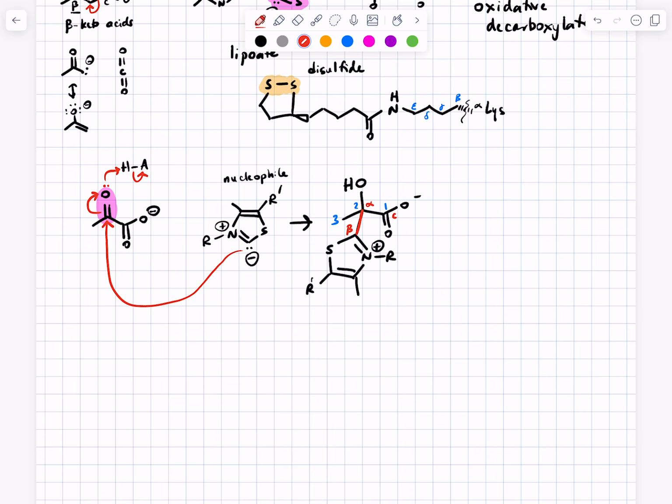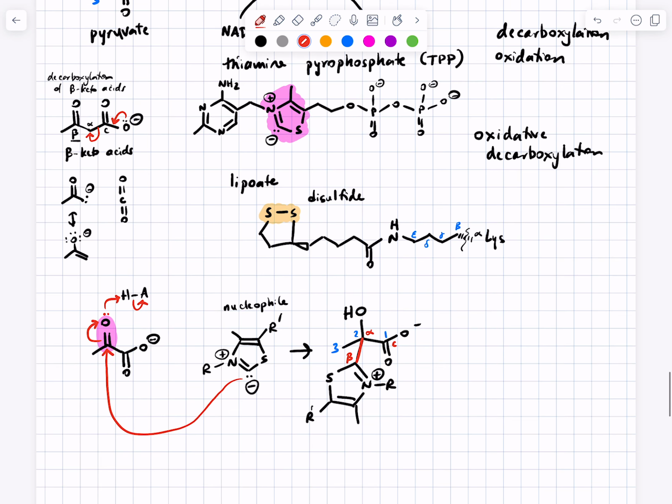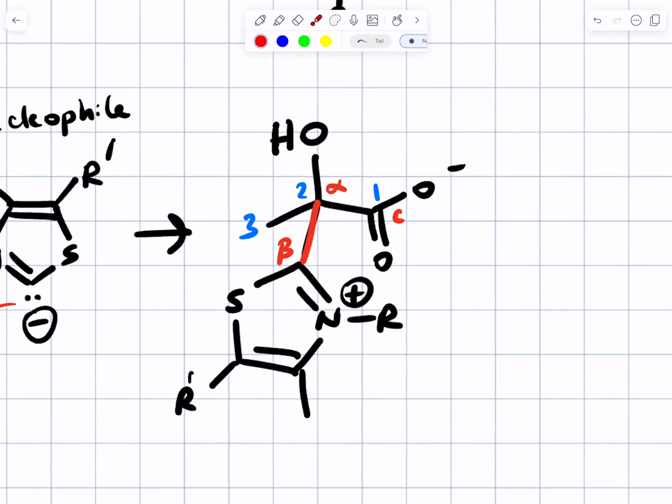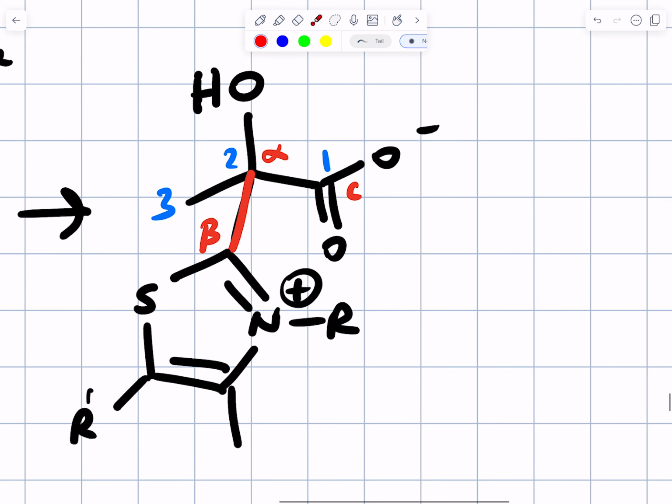All right. Now, I told you that thiamine pyrophosphate was kind of special in that it is a nucleophile. But interestingly, look at what it did for us. Now on the beta carbon, you have something that is not really a carbonyl, but it sort of looks like one.